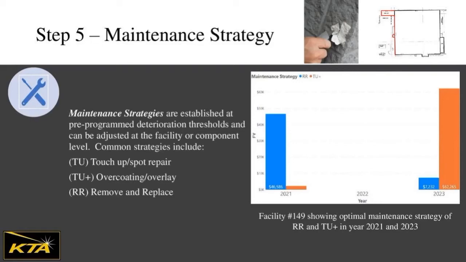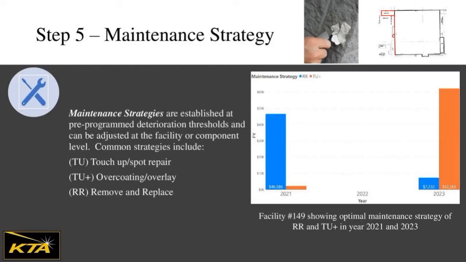So at this facility, the left elevation was in poor condition. If you can see the floor plan on the top right of the slide, that elevation was really in poor condition, and so maintenance had been deferred on that elevation, and removal and replacement was necessary.